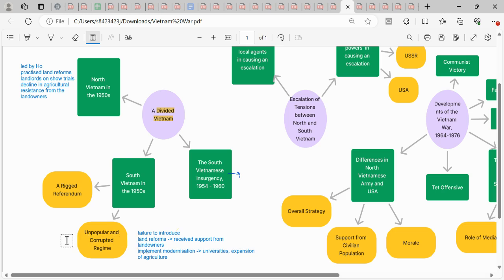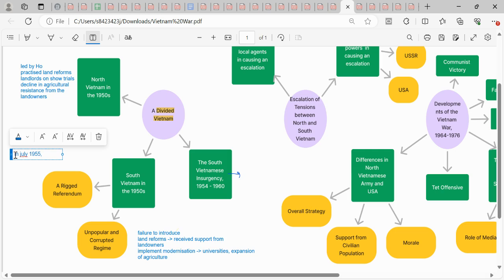Then for President Diem, the other aspects of his rule that were unpopular, his rigged referendum. So this was the story about how he came in as prime minister, but in July 1955, nationwide elections, or not nationwide, South Vietnam-wide elections.